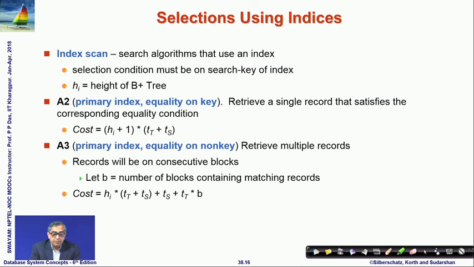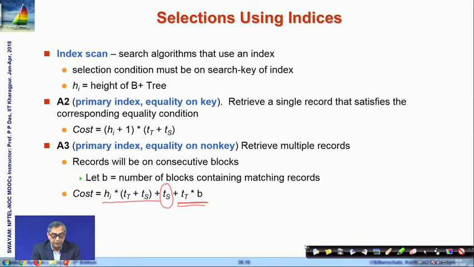So, if B is the number of blocks containing matching records, then this is the cost to find the first one, and then consecutively thereon we will need to locate the next records and the B blocks for transferring all the matching records.